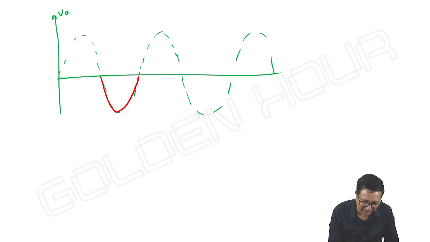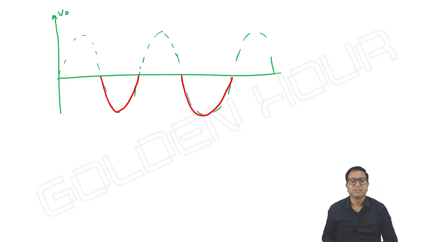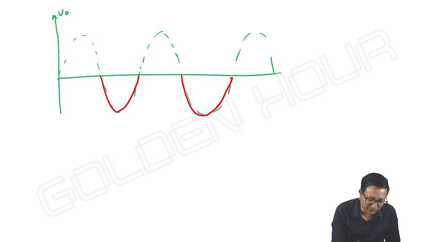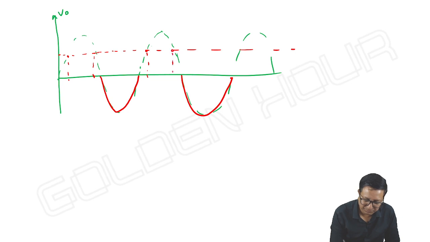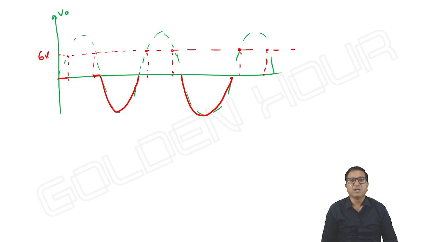Negative cycles I can just write as they are. Next, 0 to 6 volts, output is 0. And when input is above 6 volts, above breakpoint 2, output is equal to input minus 6.